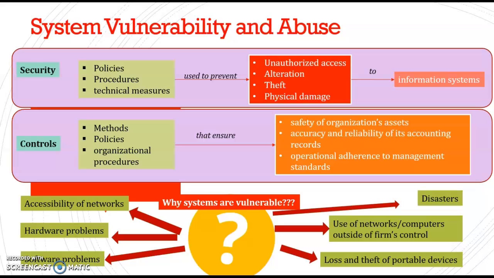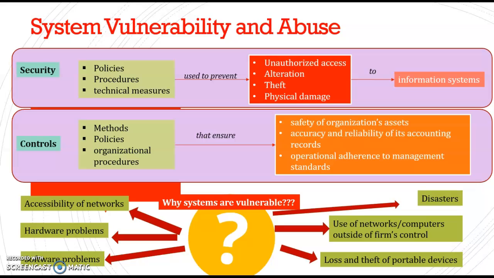Security is used to prevent unauthorized access, such as somebody trying to log in to your webmail or your bank account, internet banking. This is what we call unauthorized access.